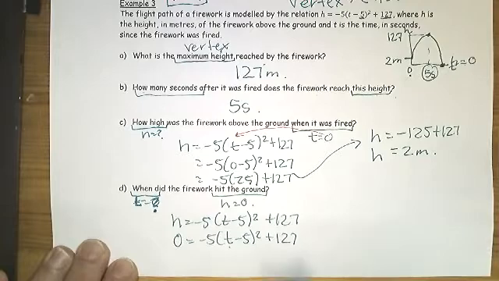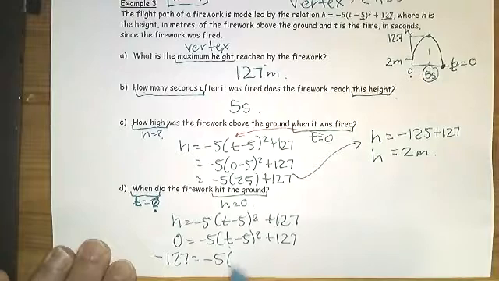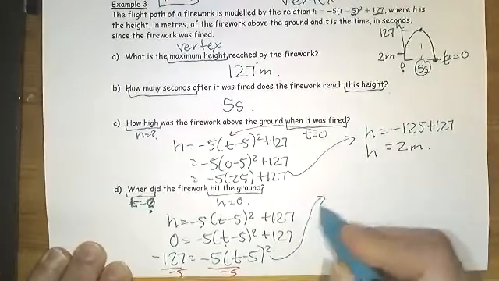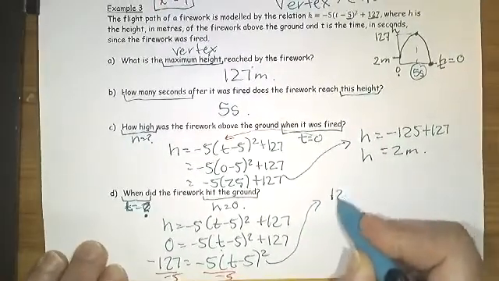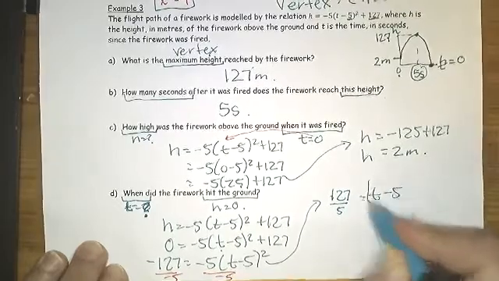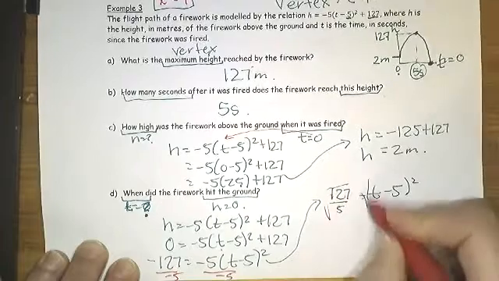So to solve this for t, we're first going to move our 127 to the opposite side. Then we're going to divide both sides by our -5. Then we'll have to take the square root of both sides.